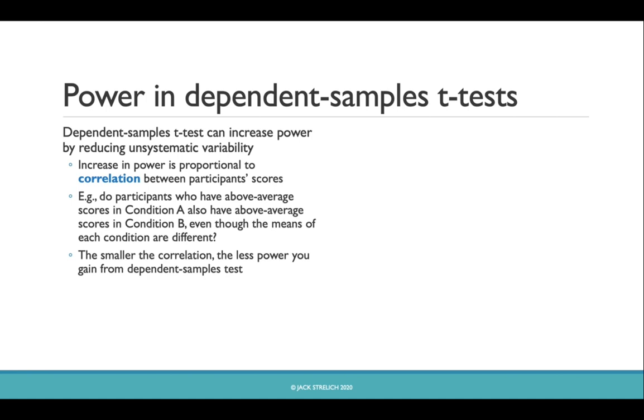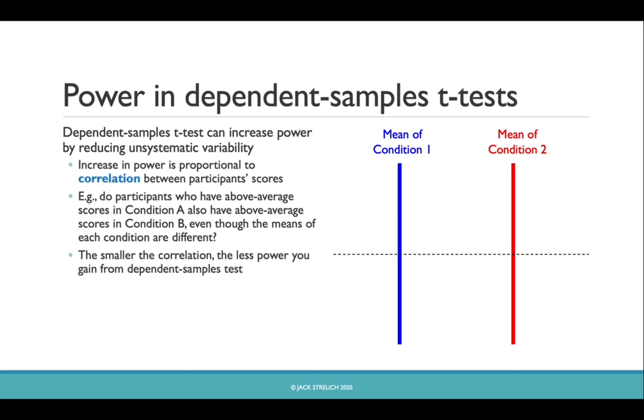So let's talk about this idea in a little bit more detail. Here, this vertical blue bar represents the mean of condition 1, and this vertical red bar represents the mean of condition 2. So let's say participant 1 gave the following responses in condition 1, represented by the blue p sub 1, and in condition 2, represented by the red p sub 1. Notice that in both cases, this participant was above average for their respective condition.